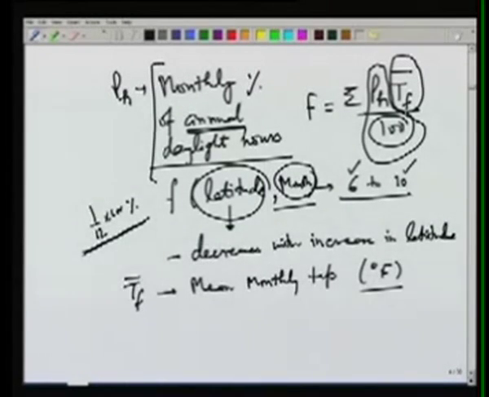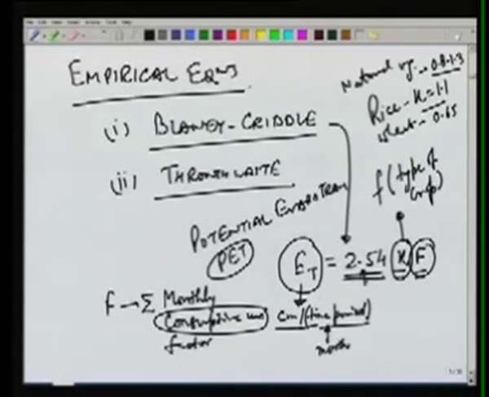So using the mean monthly temperatures for each month and the percentage p_h, we can find out this factor F, and then using the Blaney-Criddle equation we can find out the evapotranspiration. Of course, this K has to be estimated based on the crop type, and F we get from the formula. So this gives us an empirical method for finding out the evapotranspiration.